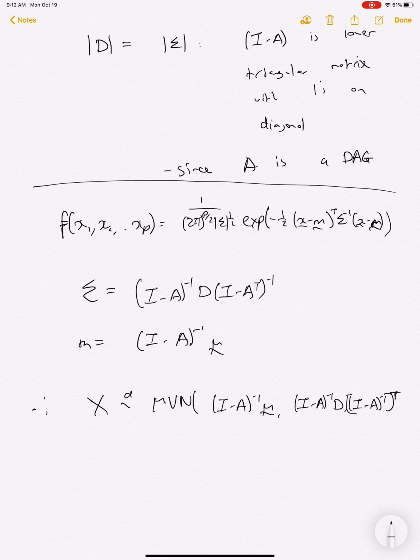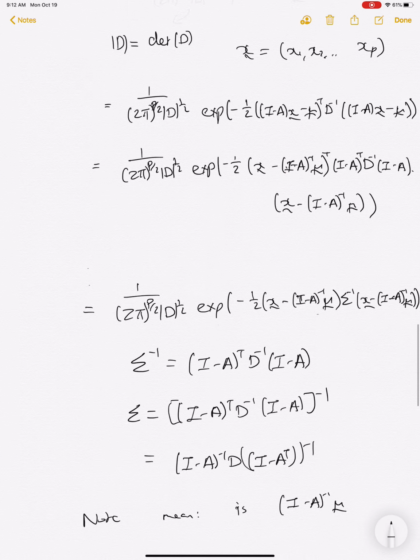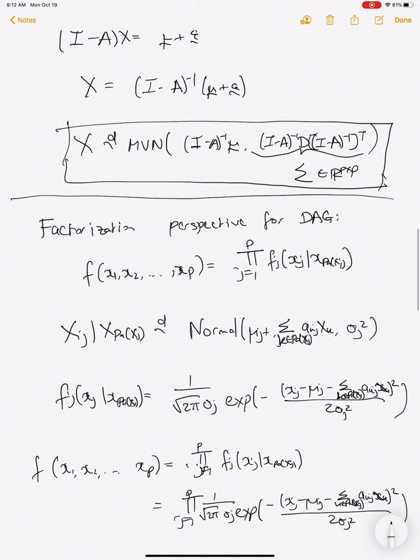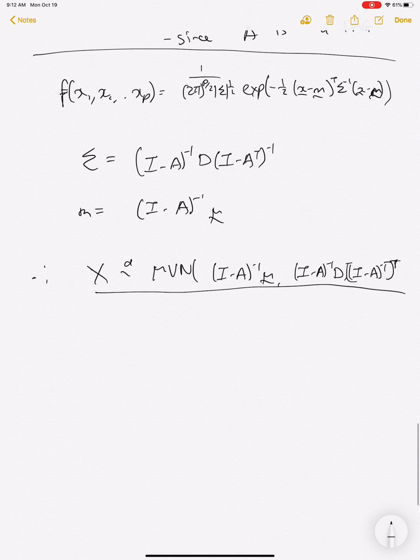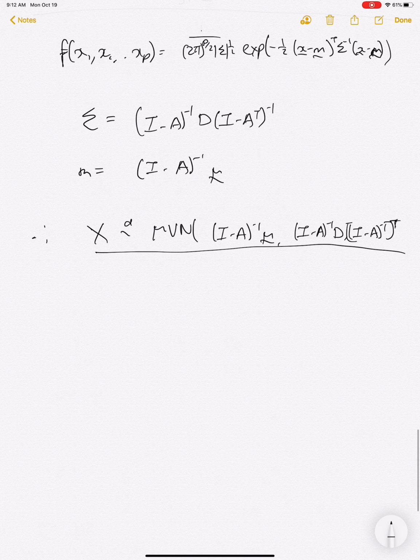So this equation corresponds exactly to this one. I wanted to come at it from two different perspectives and see that we get exactly the same answer: the structural equations model perspective, and the factorization perspective, where we use the conditional distribution.